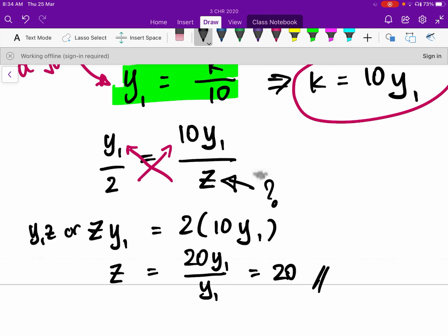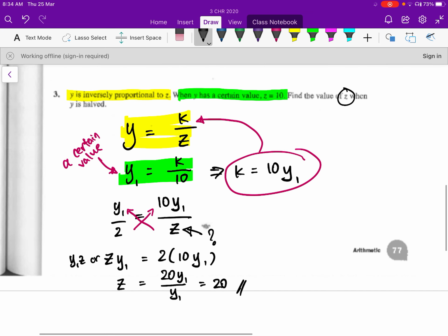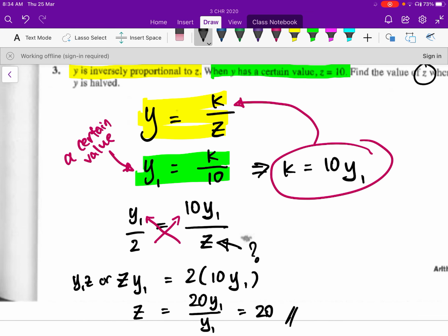Yes. Okay, can. Anybody got a better way of presenting? I mean, this is how I taught my previous Sec 4 students lah. I will try and think if there's an easier way to present this. But if you have a suggestion, please let me know. Okay? What's the question to have 4?